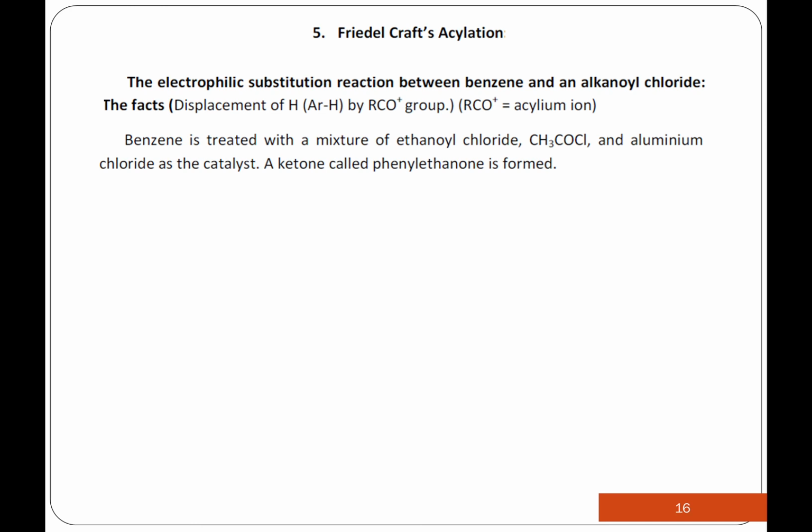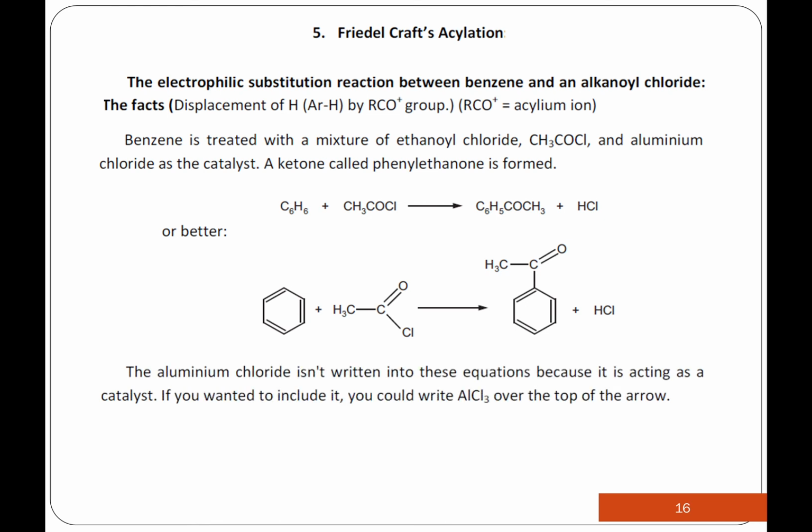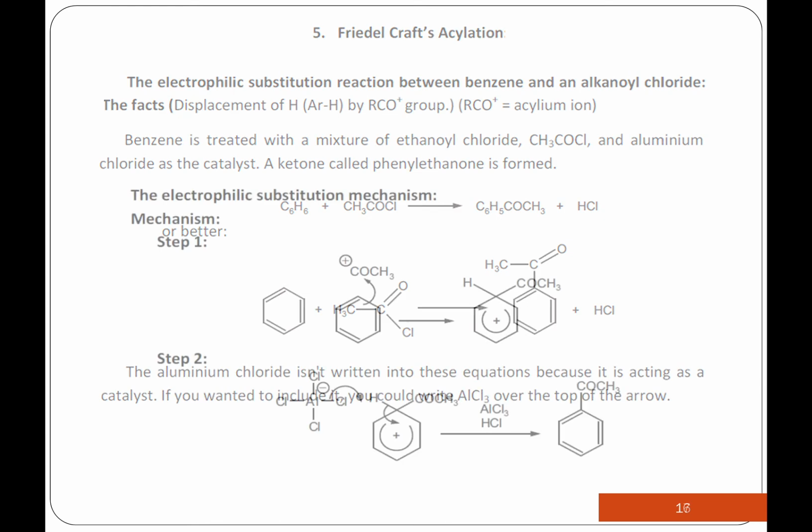So when benzene is treated with ethanoyl chloride, or in simple words acetyl chloride, in presence of aluminum chloride, a ketone called phenylethanone, or in simple words acetophenone, is formed. And aluminum chloride is, of course, as usual, the catalyst.